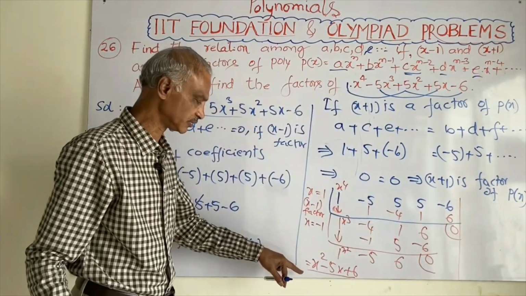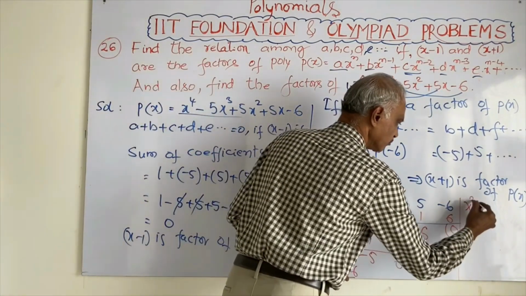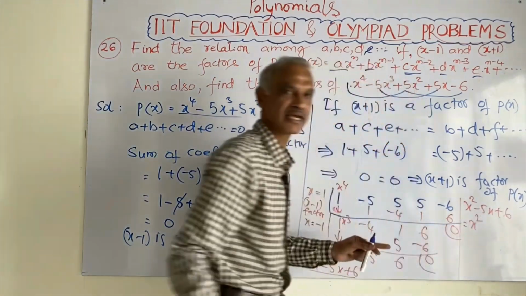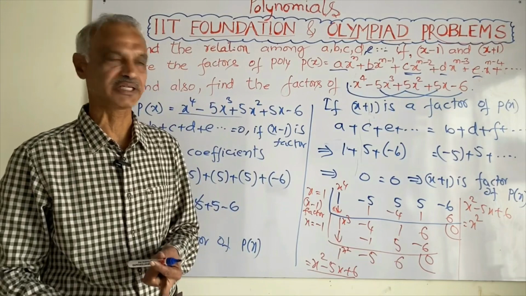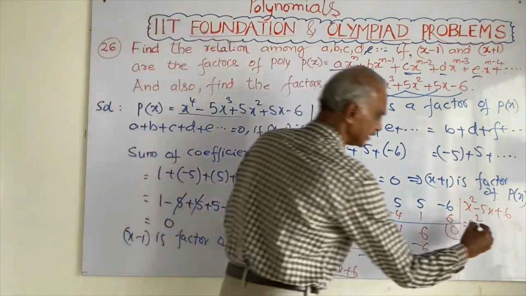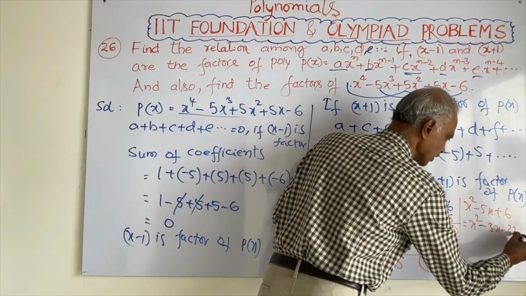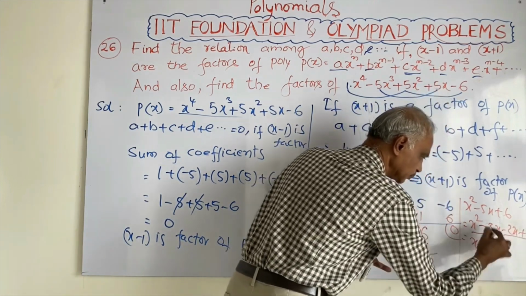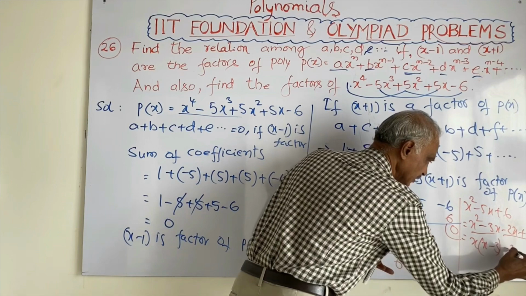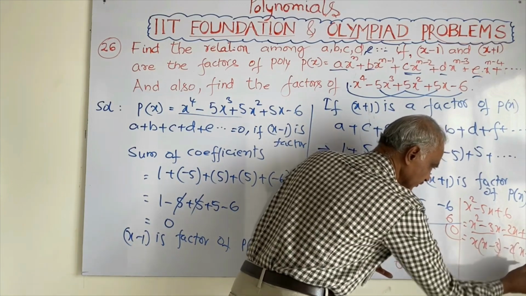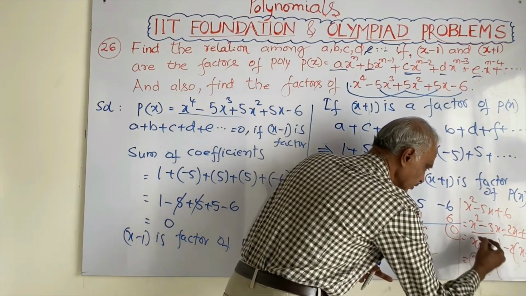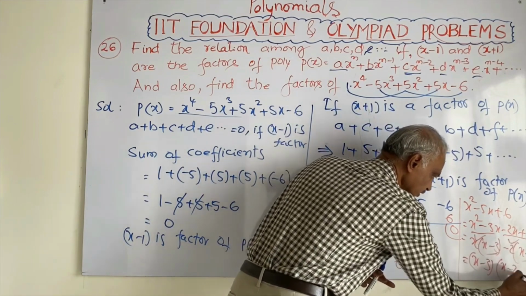How can you find the other two factors? x square minus 5x plus 6 can be written as x square minus 3x minus 2x plus 6. We have done this many times. x into x minus 3 minus 2 into x minus 3. x minus 3 is common, so it is x minus 3 into x minus 2.